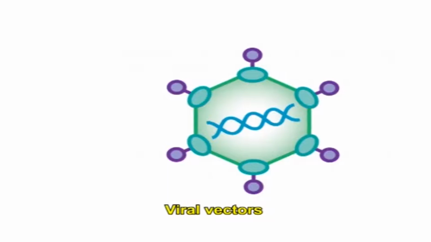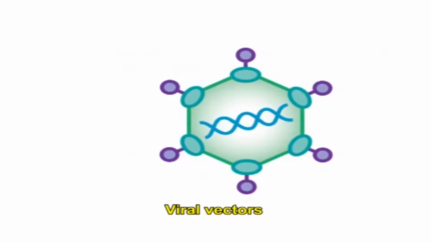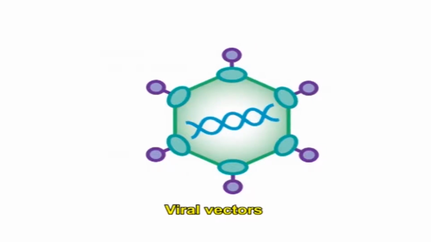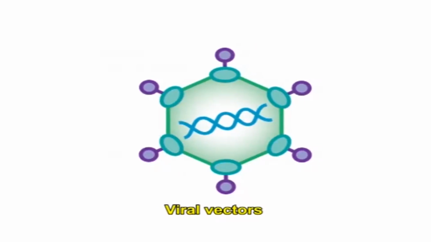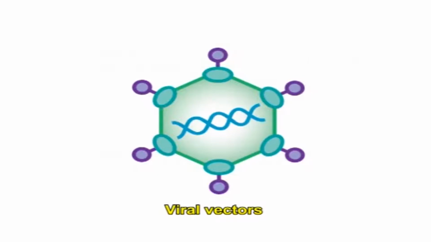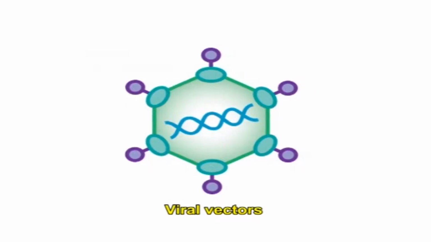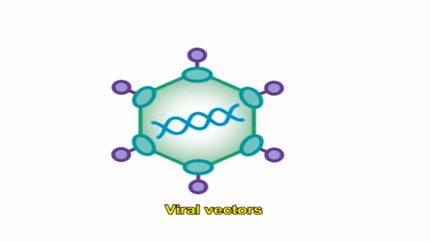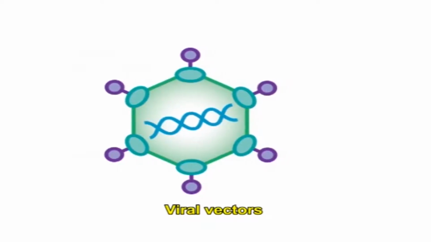Viral vectors are vectors that are genetically engineered to carry modified viral DNA or RNA that has been rendered non-infectious but still contain the transgene and viral promoters, further allowing for the expression of the transgene through a viral promoter.